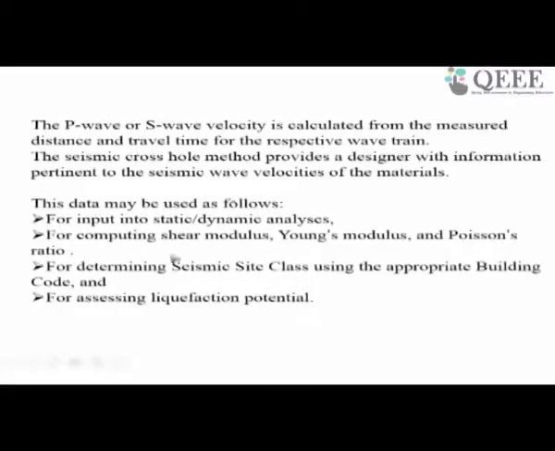There are correlations available, and seismic studies of the site can be done using those velocities. Many a times, if it is an earthquake prone area, or a seismically active region, you also need to do liquefaction studies. So shear wave velocities will tell you whether the ground is liquefiable or not.